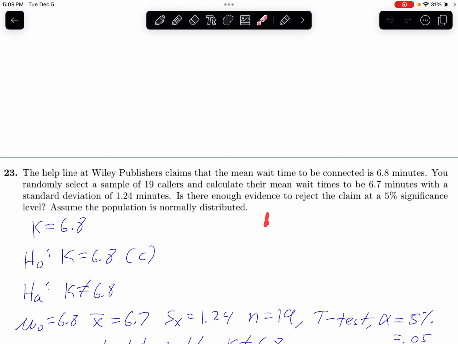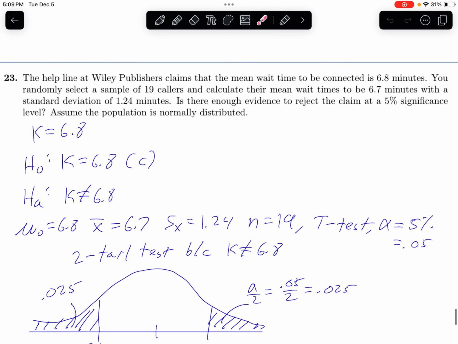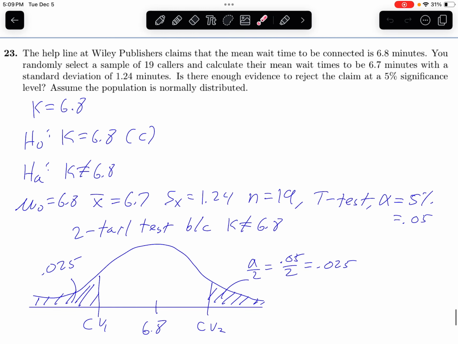One thing is, if n is greater than or equal to 30, then you're going to use a z-test. If n is less than 30, you're going to use a t-test. So because n is equal to 19, less than 30, we're going to do a t-test when we perform this test. One more thing is we want to draw our rejection region.